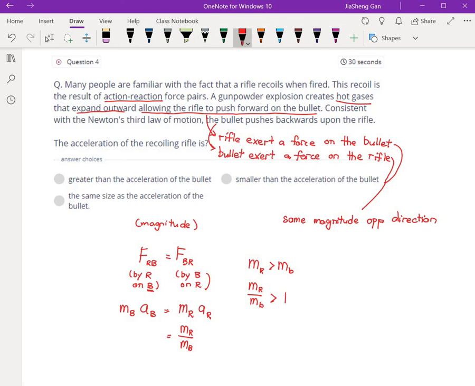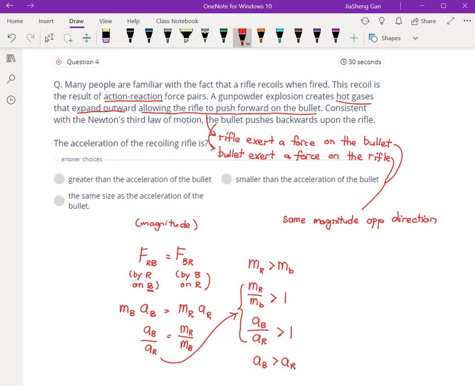Because of this, acceleration of the bullet divided by the acceleration of the rifle will be greater than 1. It's a matter of substitution here. And from here I know the acceleration of the bullet will be greater than the acceleration of the rifle.